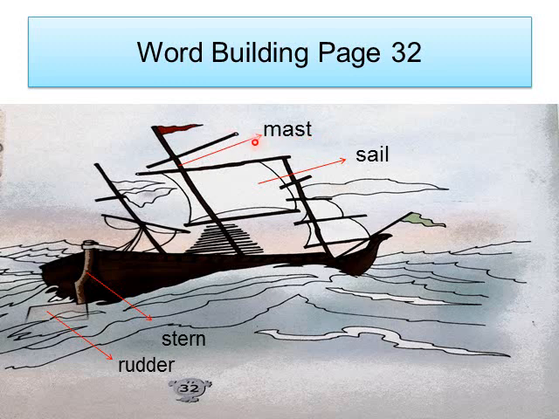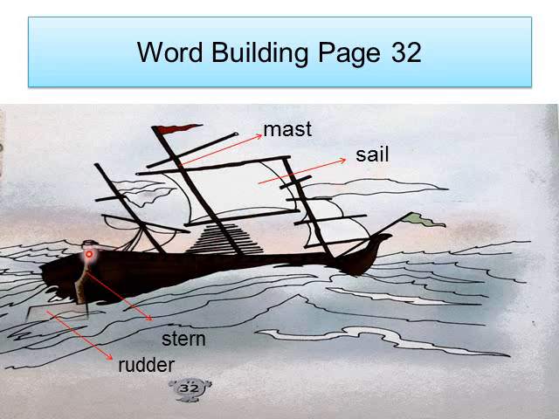Then this white part, usually made of cloth, is called sail. I know this is easy. You all must have seen this in cartoons and movies.